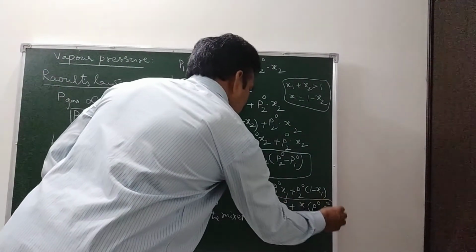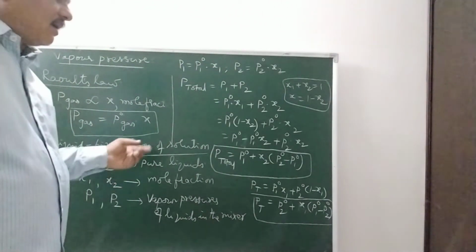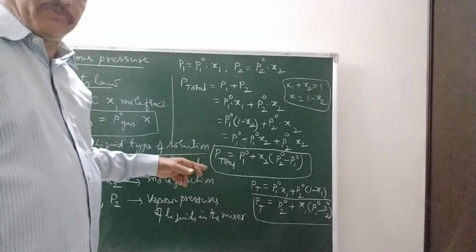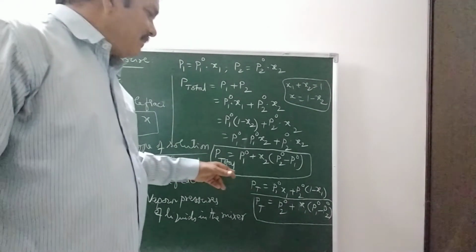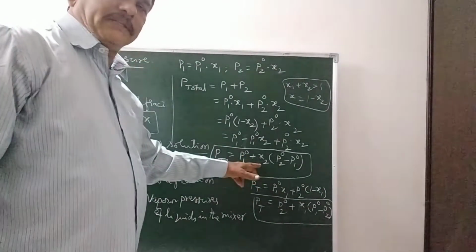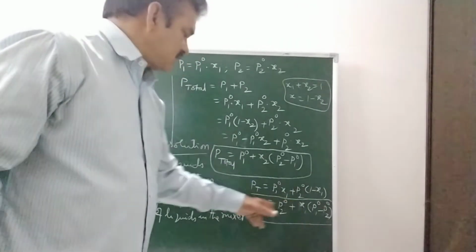That means when two volatile liquids are mixed with each other, then total pressure can be expressed with respect to any of the liquids, that means with respect to the second liquid or with respect to the first liquid.